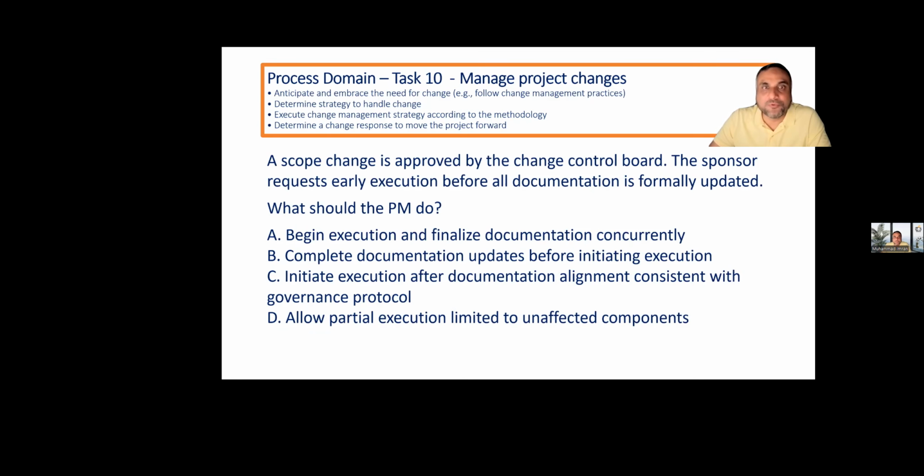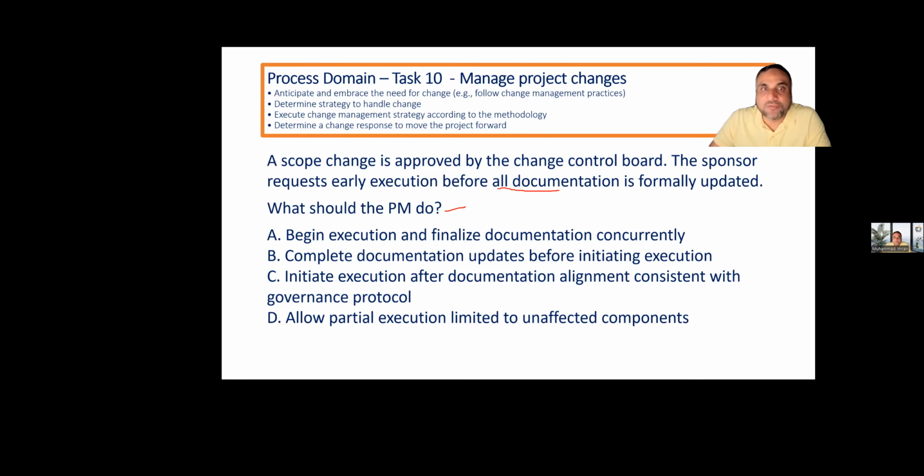A scope change is approved by the change control board. The sponsor requests early execution before all documentation is formally updated. What should the PM do? The sponsor wants you to do the work without updates. Begin execution and finalize documentation concurrently. Complete documentation updates before initiating execution.